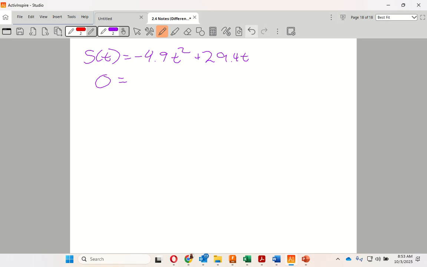Anything else? Is there 4.9 in both of them? There is a 4.9. So you could divide 29.4 by 4.9, right? And what do we get? 6? Negative 6. There you go. So I'm going to take out negative 4.9 t, and I'm left with t minus 6.